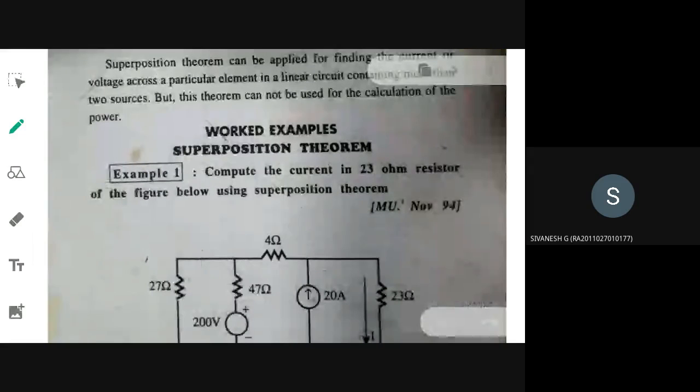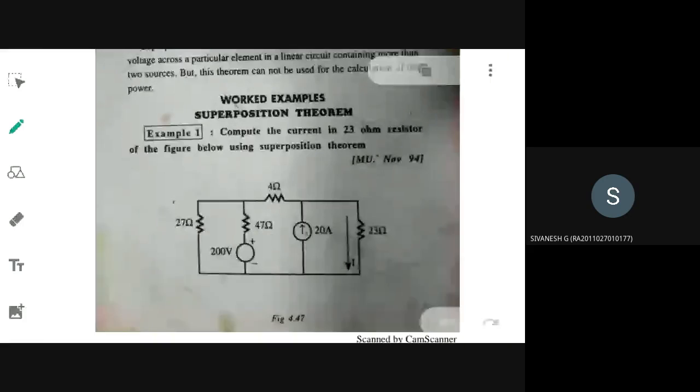Alright, I will tell you first what is superposition theorem. Suppose you are having a circuit with so many sources, like voltage sources and current sources present in many numbers, then you will usually use superposition theorem to find out the current or the voltage across and through any branch.